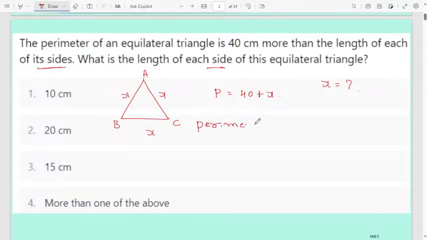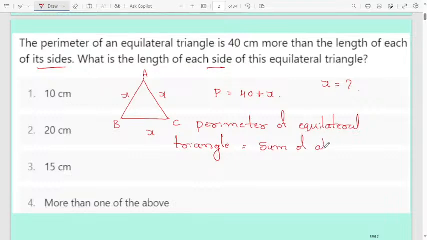Perimeter of equilateral triangle will be equal to the sum of all sides.